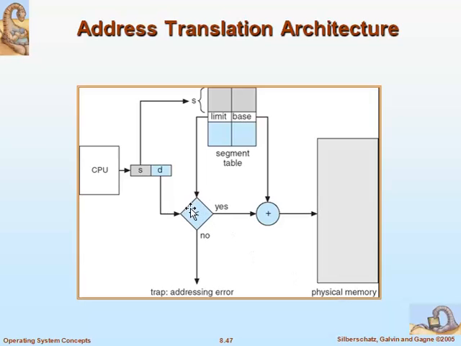If the condition is false, it means it is trying to go into an address space which is not allocated to it. That is a clear-cut violation of memory access, so that will result in a trap or an addressing error.